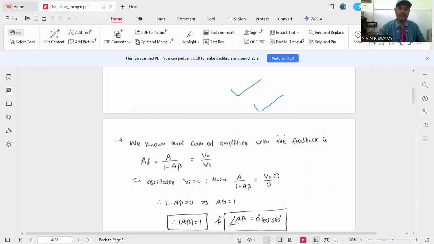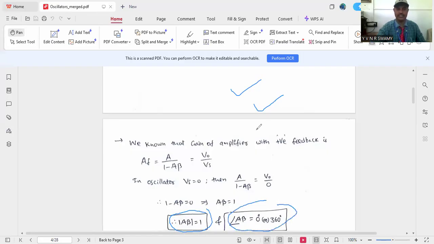Therefore, 1 minus A beta becomes 0. Therefore, A beta equal to 1. The loop gain A beta equal to 1 and the total phase shift is 0 or 360 degrees. These are the required things for producing sustained oscillations.